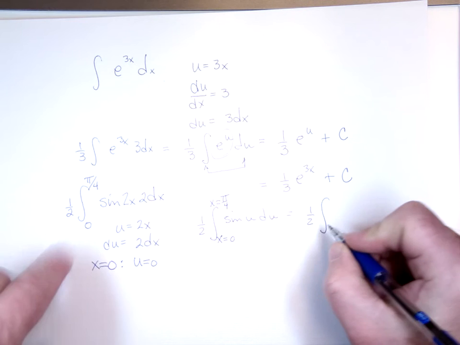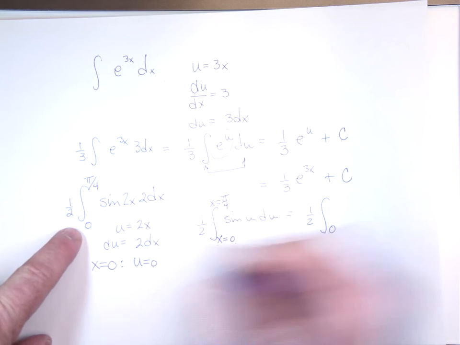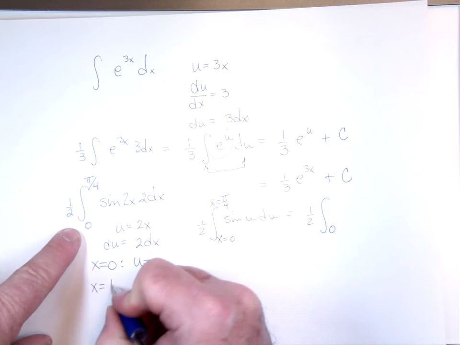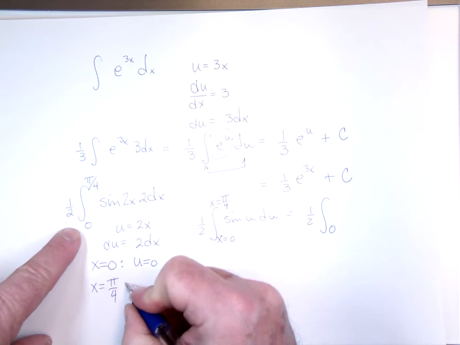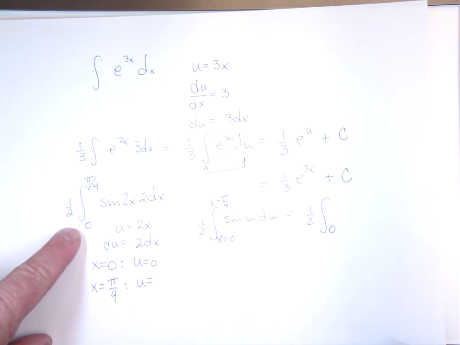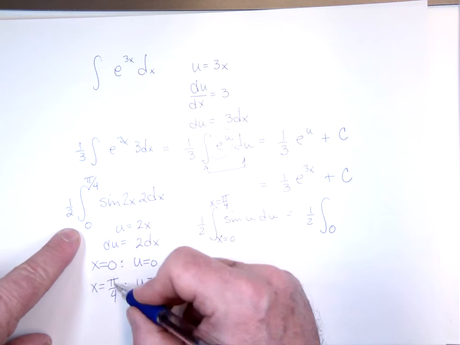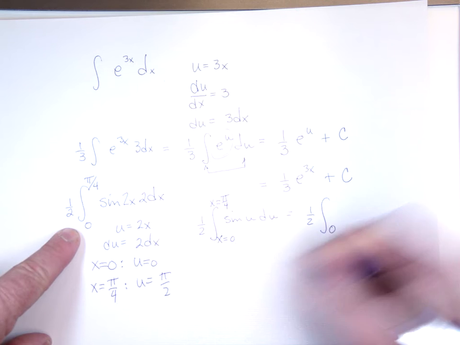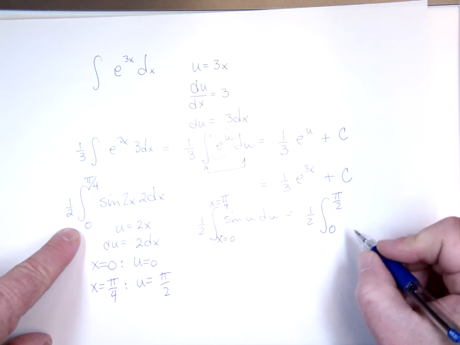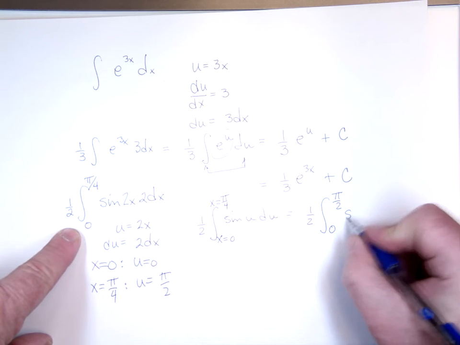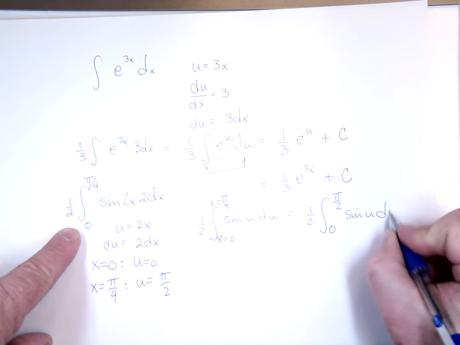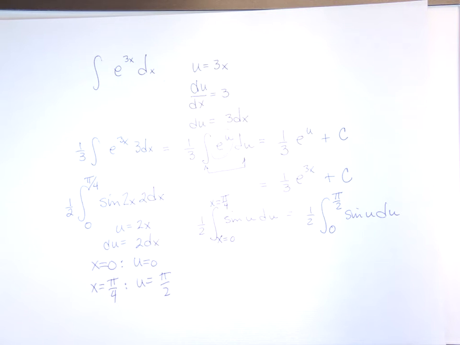When x is pi over 4, what's u? Pi over 2. 2 times x is 2 times this, which is pi over 2. Okay? I could do it either way. We're going to find out with the more complicated integrals that we do later on, we're going to be better off changing the limits of integration to be u limits.